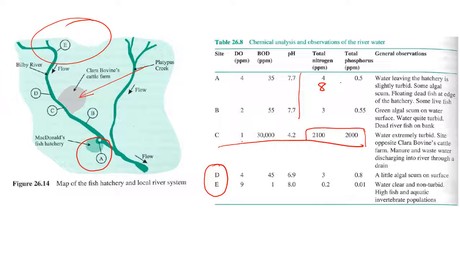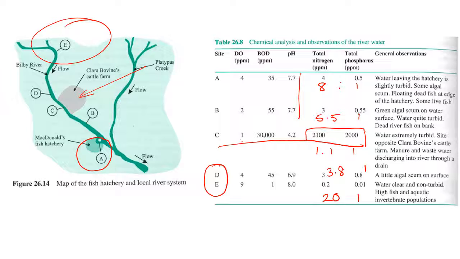This is an 8 to 1 ratio. This is a 5.5 to 1 ratio. This is almost a 1 to 1 ratio, which shows us that this is an incredibly likely possibility for eutrophication. This is 3.8 to 1. This is 20 to 1.